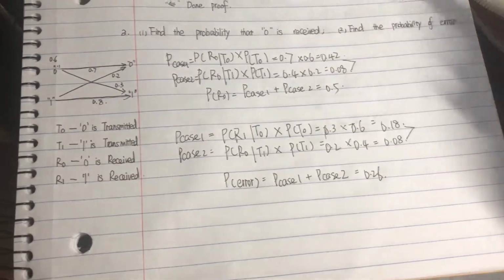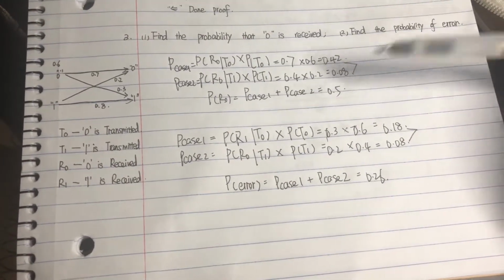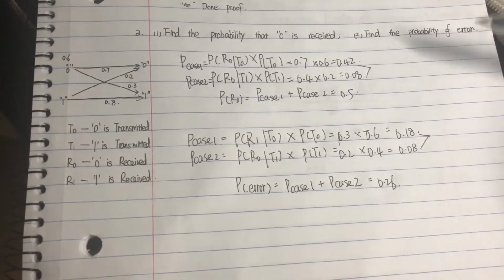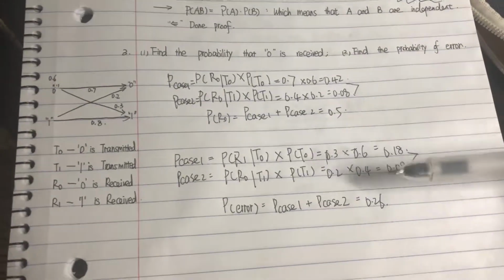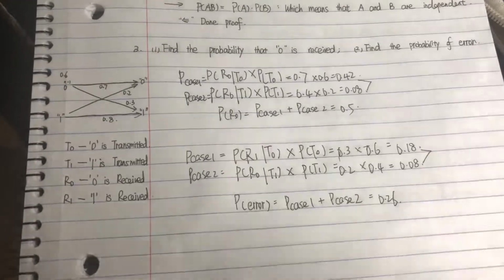So the final result is that the probability that 0 is received is 0.5, that's 50%, and the final probability of the error is 26%. So that's the solution.